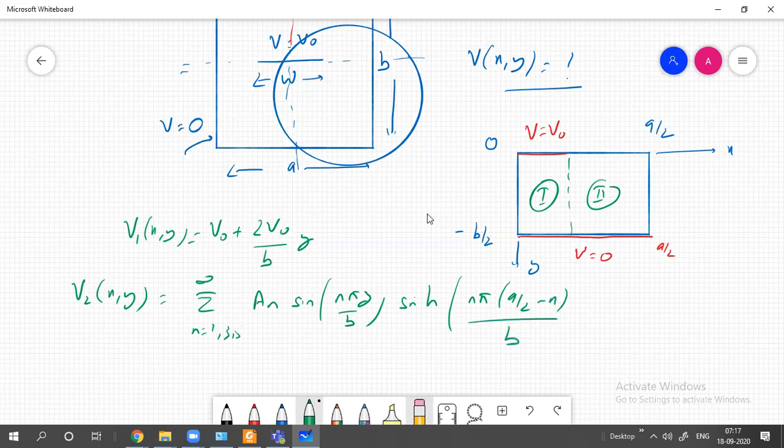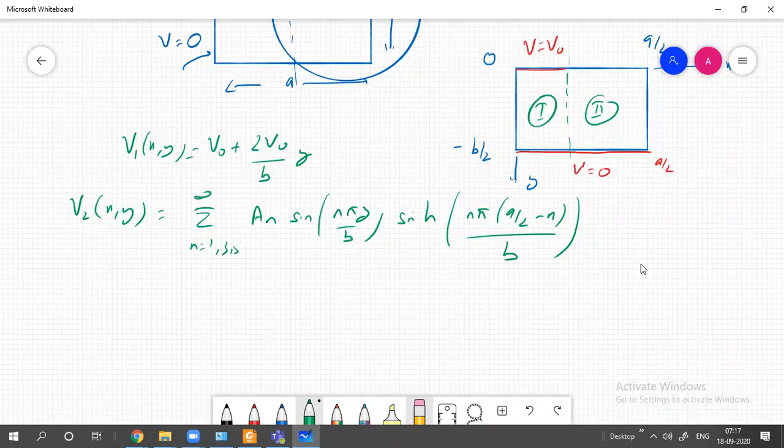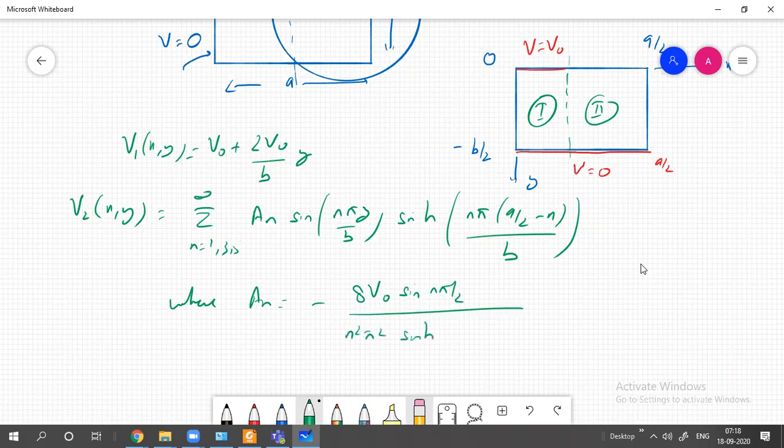We calculated an by applying the boundary condition at the interface of region 1 and region 2. We got an equal to minus 8 V naught sine of n pi by 2 over n square pi square sine hyperbolic of n pi by b times (a minus w) over 2.